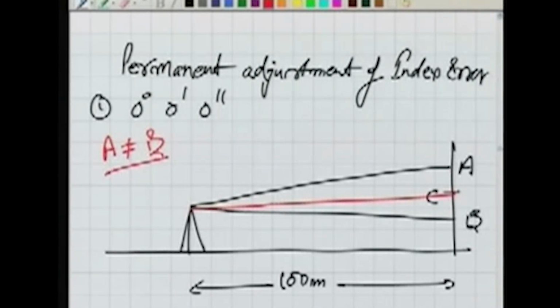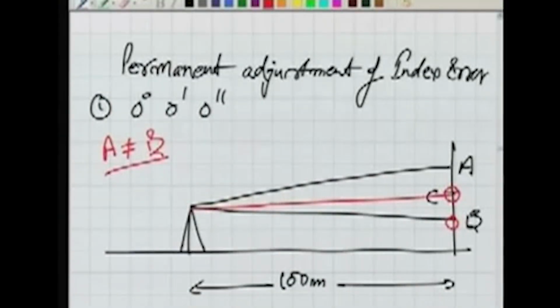Well, the procedure is, once we have found this point C on the ranging rod or on the staff, now I change it. Let us say right now I am bisecting B. I had already bisected A, and this is how we could locate C. So now from this telescope we rotate the line of sight a little. We might use the capstan screw because these will be very fine rotations.